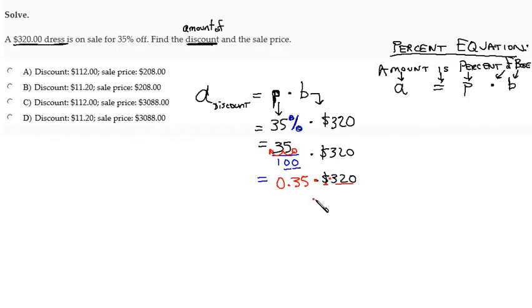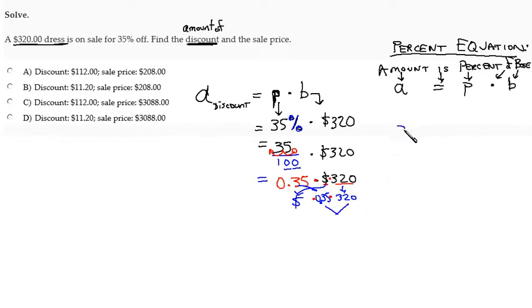We're allowed to hold these multiplication dots and rearrange these factors because it's customary to have the dollar sign on the far left. We're going to put the 0.35 in the middle, and we're going to keep the 320 where it is already. Now we have two numbers that are combinable.